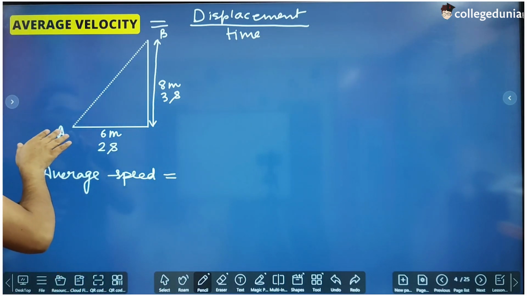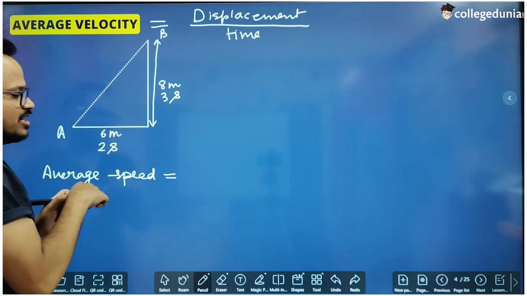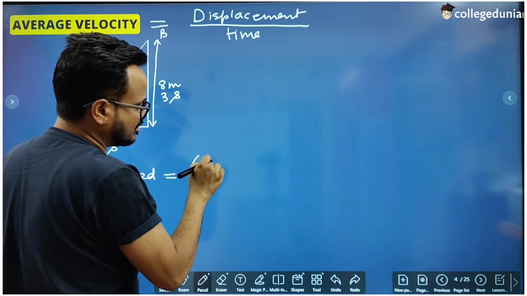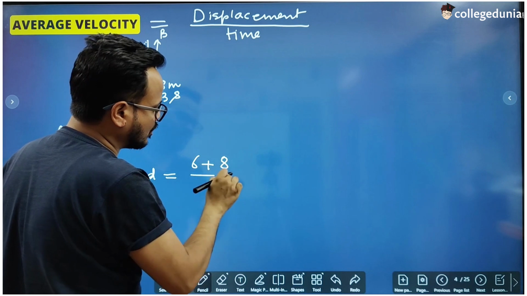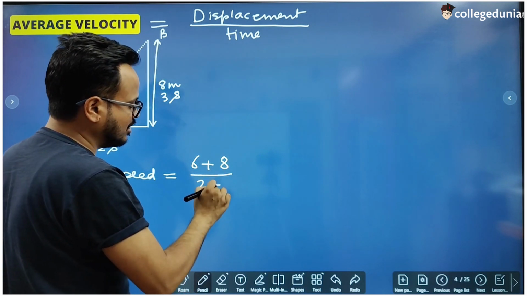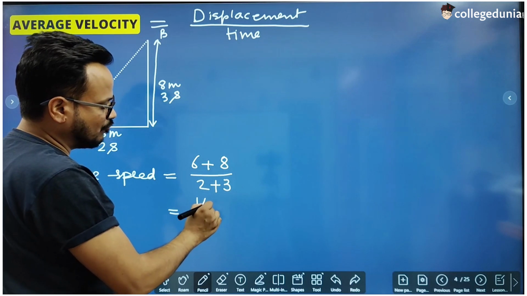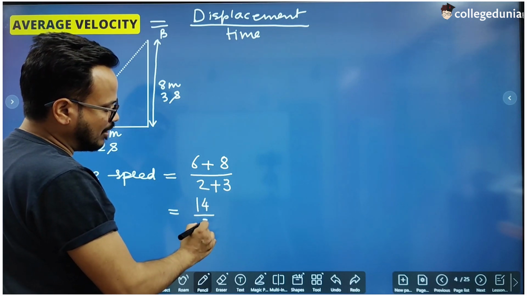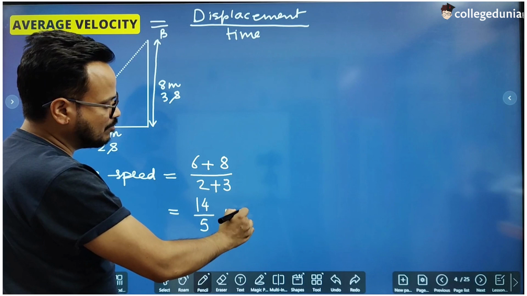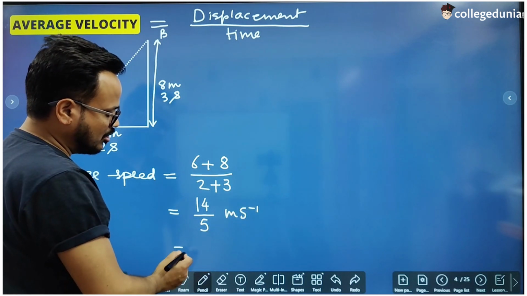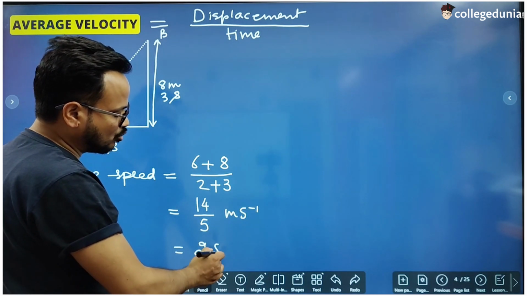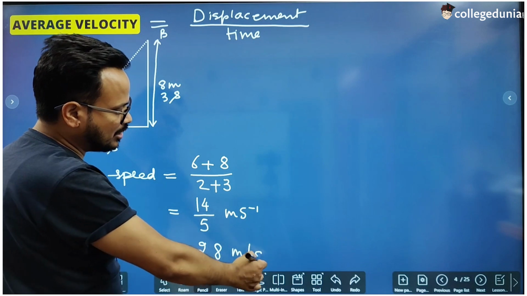What is the total distance from A to B? It is 6 plus 8, by total time taken, 2 plus 3. So average speed is 14 divided by 5 meter per second, which is 2.8 meter per second.